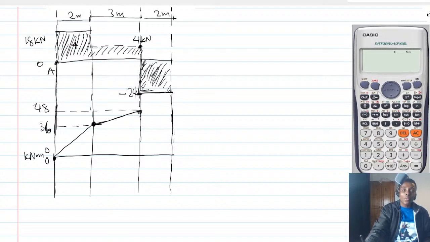So it means that at this point, the moment will send you back to 0. So it will send you back to 0. So in fact, this is the shear force. Bending moment. Okay. This is the bending moment.